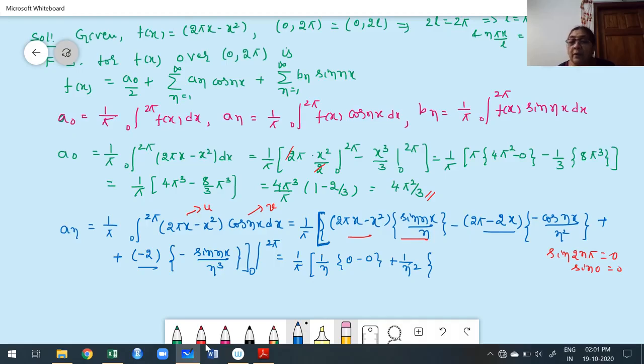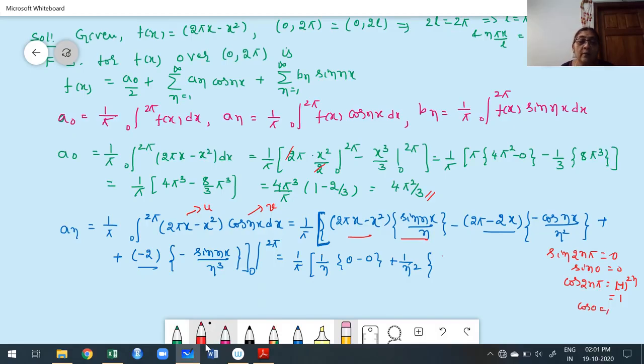Cos of 2n pi, what is its value? It is 1. I already told you, minus 1 to the power of 2n, I discussed in my third class. Minus 1 to the power of n is 1. What is cos 0? 1.